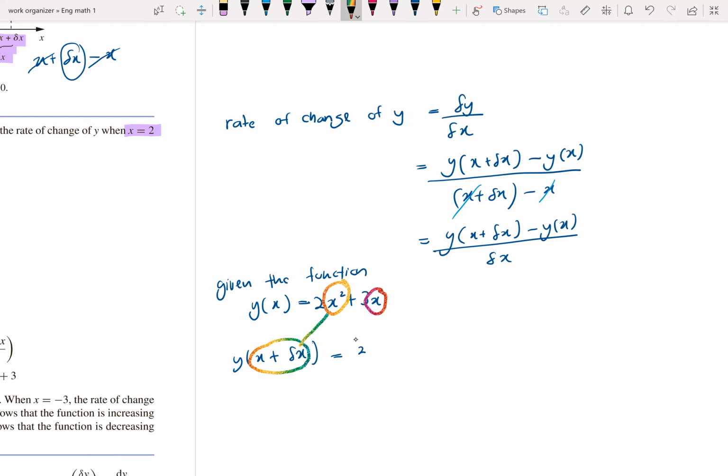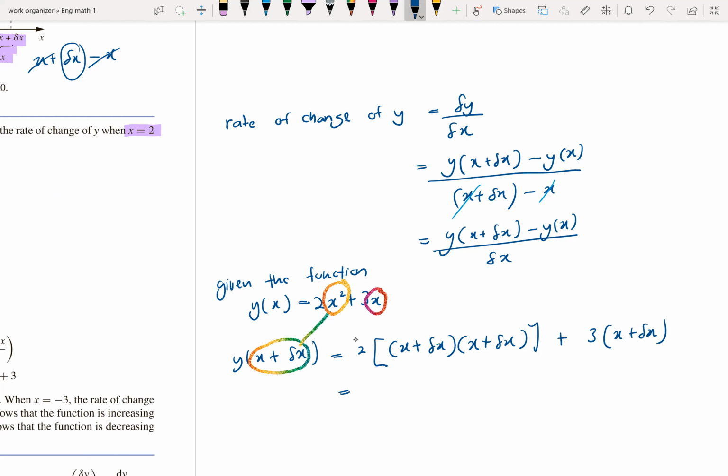So 2 times (x + delta x) squared, plus 3 times (x + delta x).